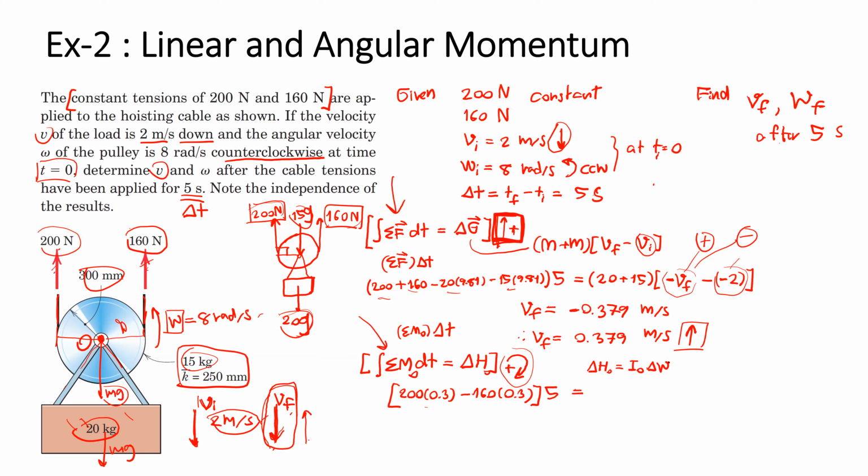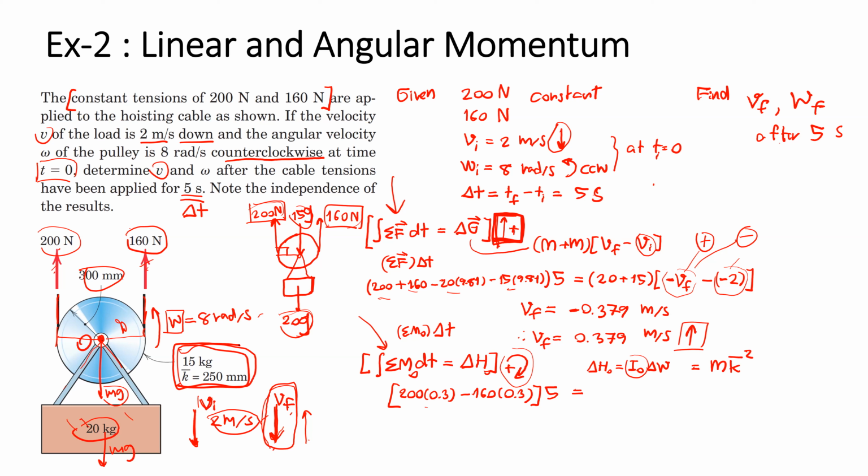So I_O, the moment of inertia about point O, is obtained by m of the pulley multiplied by k bar squared from this given information.